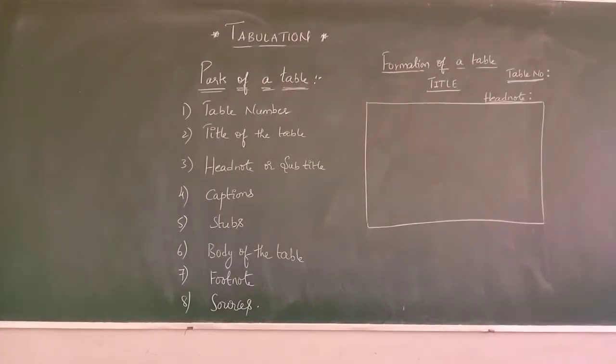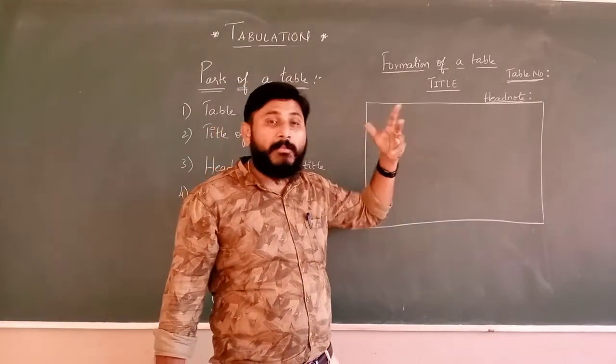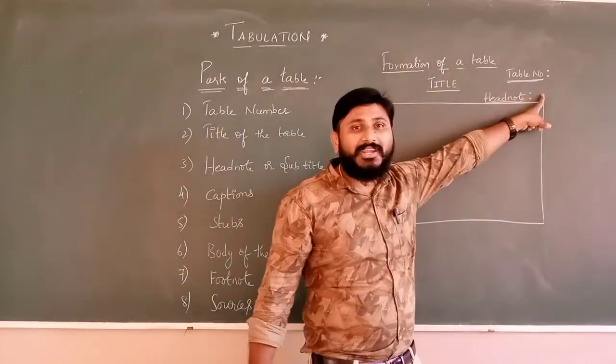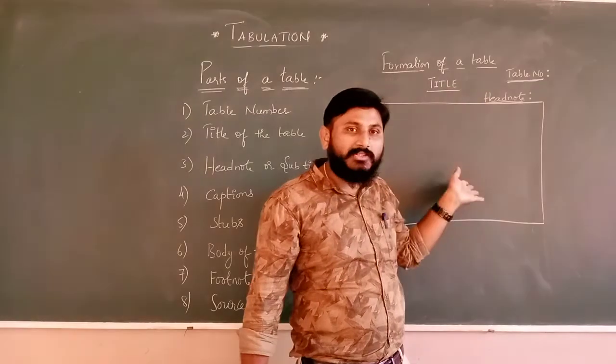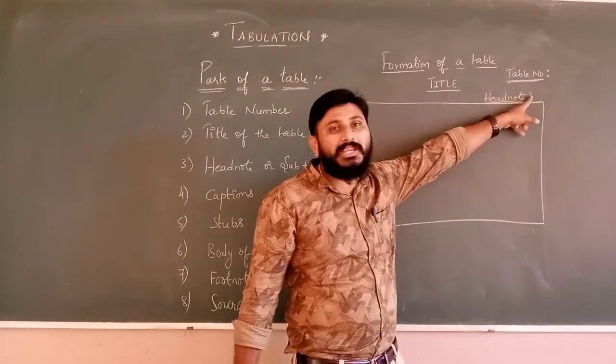It is a brief explanatory note or statement given just below the heading of the table, put in the bracket. For example, about amount, if you are taking in the tabular form, amount. Here what must we write? Whether it is in lakhs or crores or rupees or hundreds, that has to be written in head note.